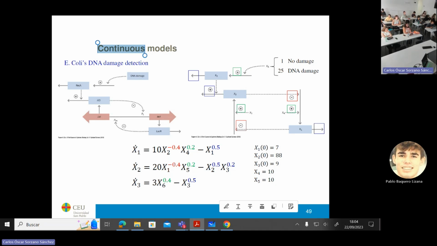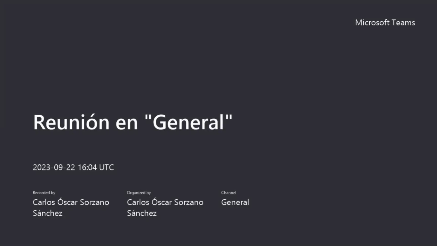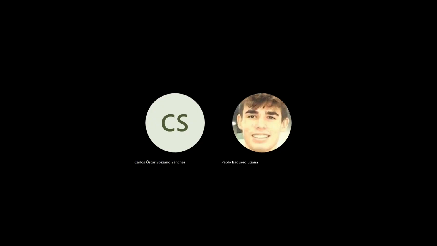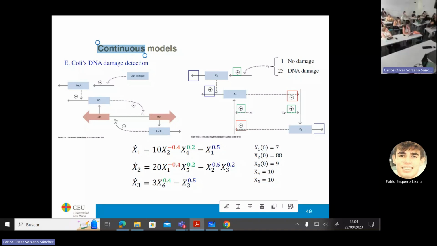And then we have X1. X1 is affected by X2 and X4.